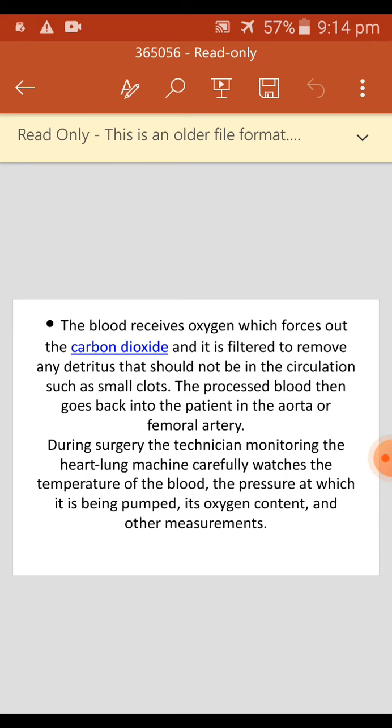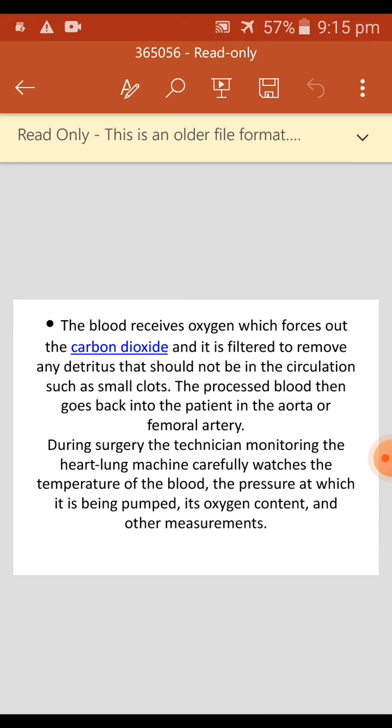Regular water changes and the use of appropriate chemical cleaning agents are the two most effective cleaning and maintenance strategies. The blood receives oxygen, which forces out the carbon dioxide, and it is filtered to remove any detritus that should not be in the circulation, such as small clots.